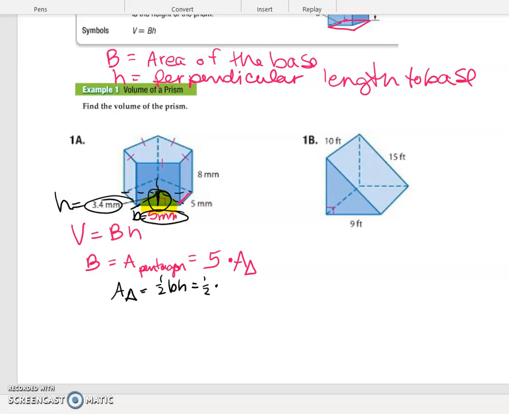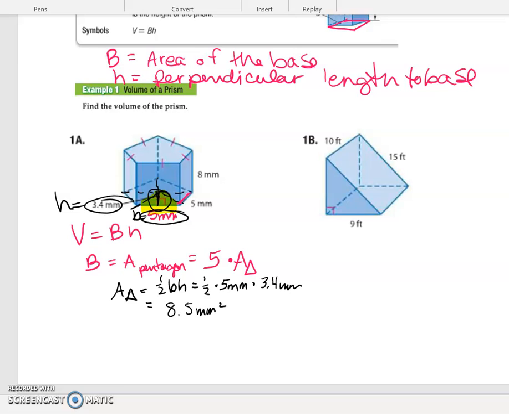So we'll take 1/2 of 5 millimeters times 3.4 millimeters. And that's going to be the area of one of those triangles of the pentagon. So 0.5 times 5 times 3.4, and that is 8.5 millimeters squared.